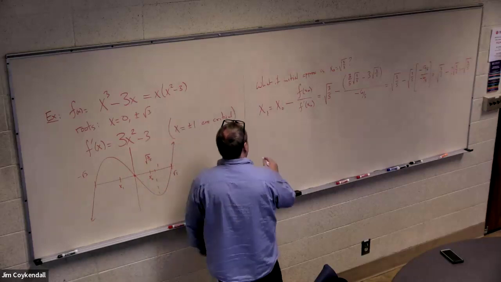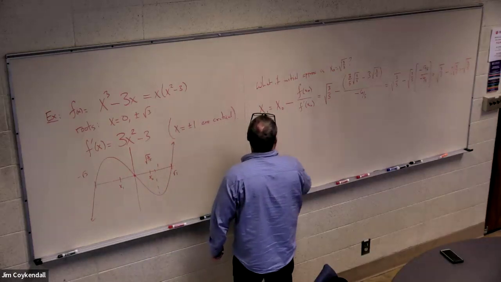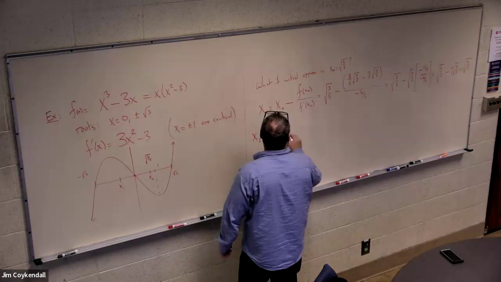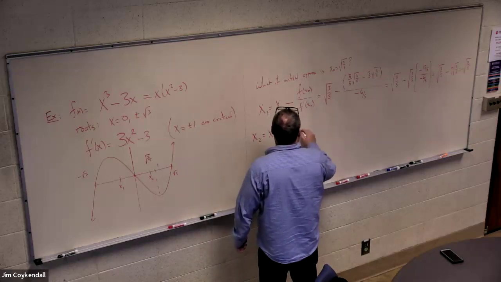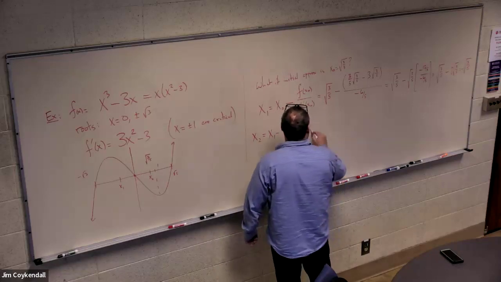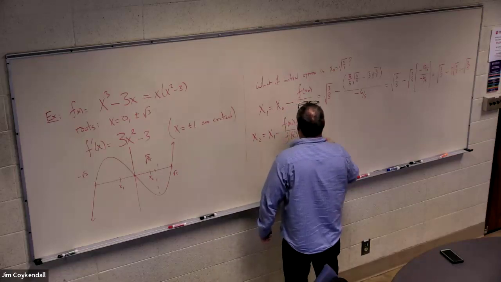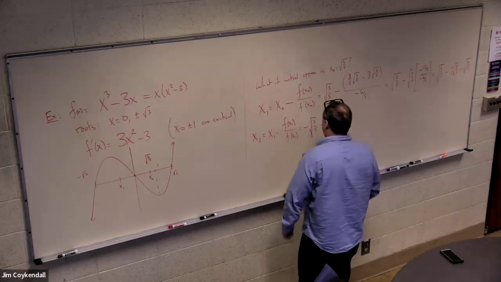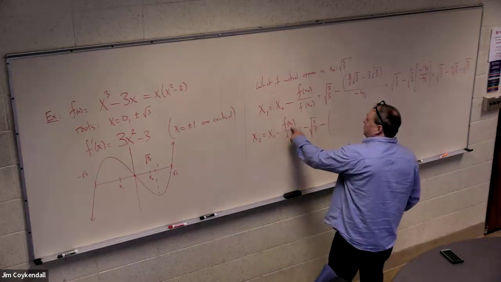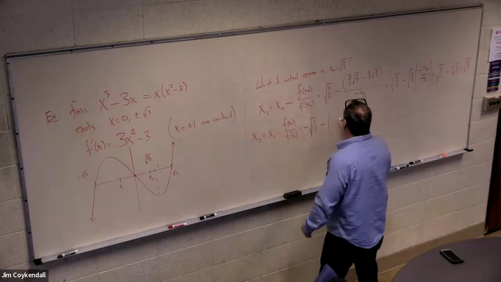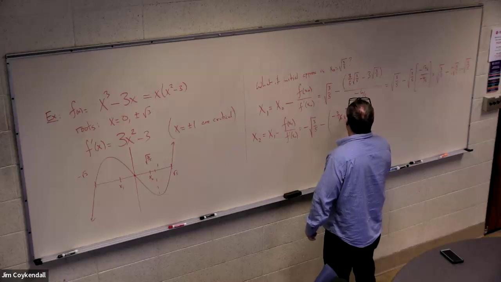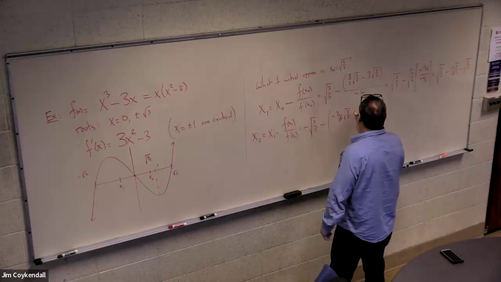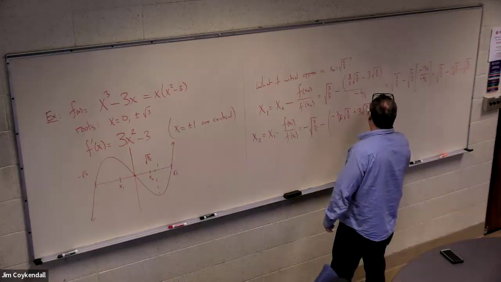What's the second approximation? Well, this is minus square root of 3/5 minus. Well, let's see, I got to put in minus square root of 3/5. In this case, this is minus 3/5 square root of 3/5 plus 3 square root of 3/5.